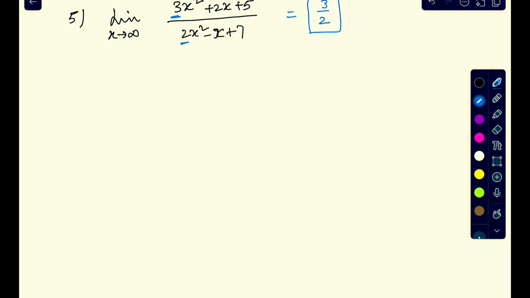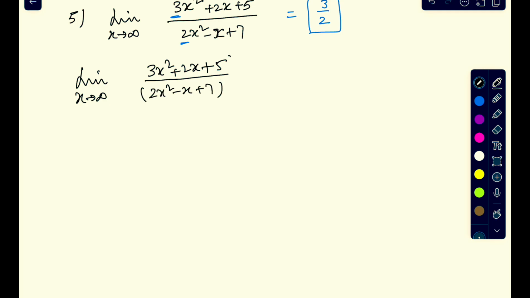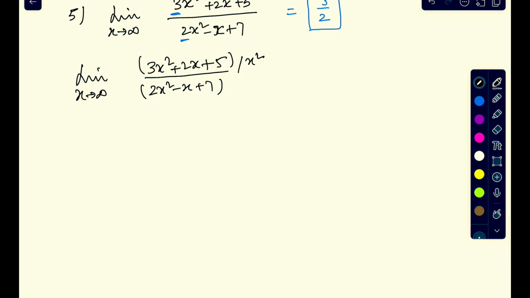I just want to give a little bit more. So why do we do this? If you already know this, you can move on, but just to make it clear, why do we take the coefficients of the highest power? What we will do here is divide both the numerator and denominator, the 2x squared minus x plus 7, by x squared.